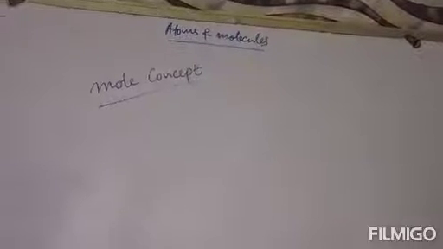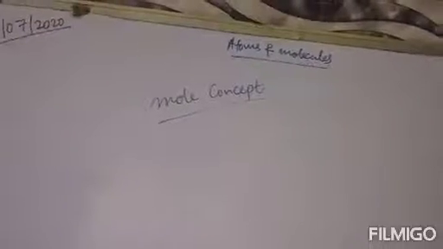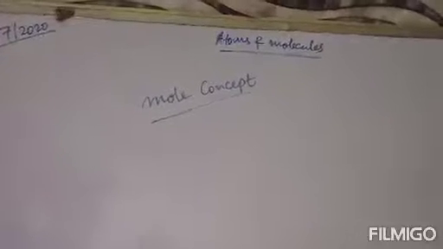So in the mole concept we have to take carbon atom as the reference. We will take any substance, for example nitrogen, oxygen, or any other element, with respect to carbon atom.